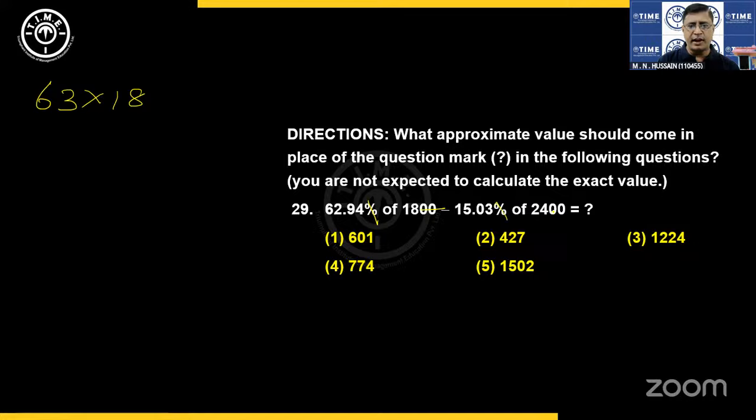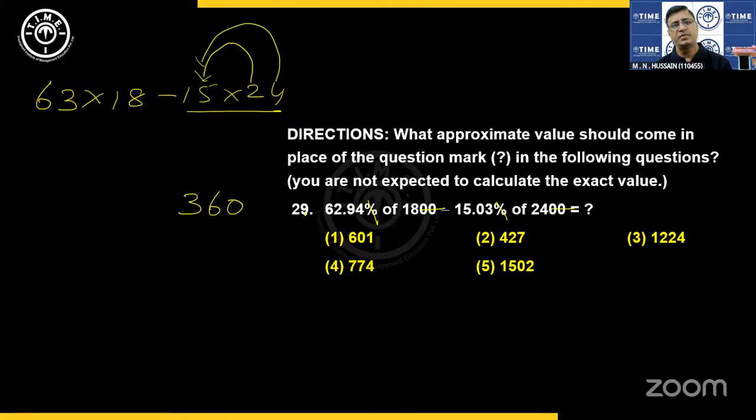So percentage and 0 get cancelled. So what next? 15 into 24. 15 into 24 means 10 plus 5. 10 times of 24, 240. Half of the value, 120, by adding 360. 15 into 24, that is 360. Or else 20 into 15, 300. 4 into 15, 60. 300 plus 60, 360.